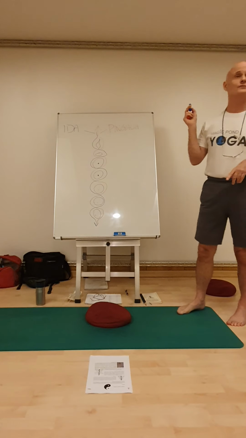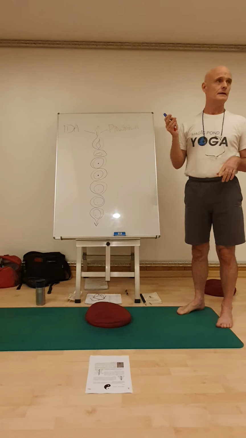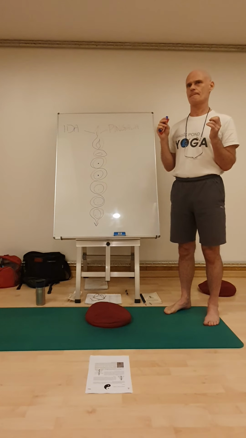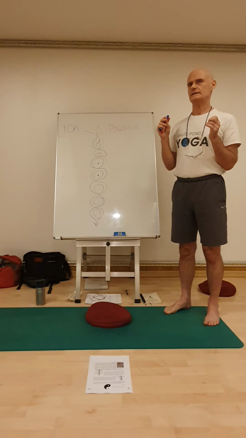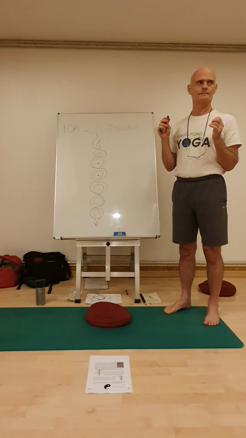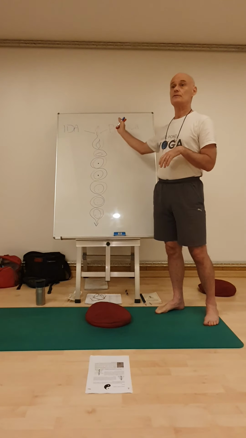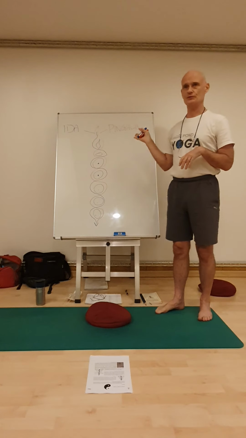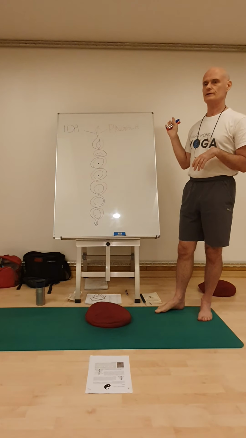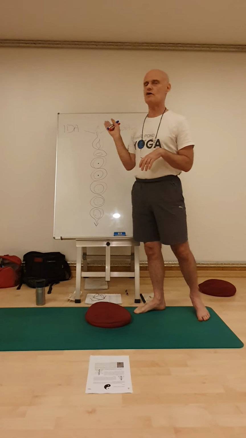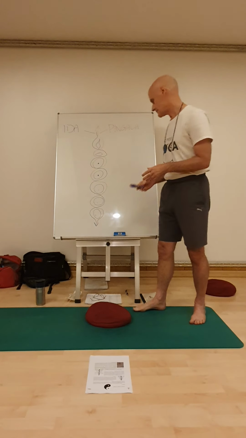You already know the concept. Ida and Pingala, when they are not in balance, there is no harmony. The goal of yoga is to bring about harmony, which then leads to the manifestation of a third channel.